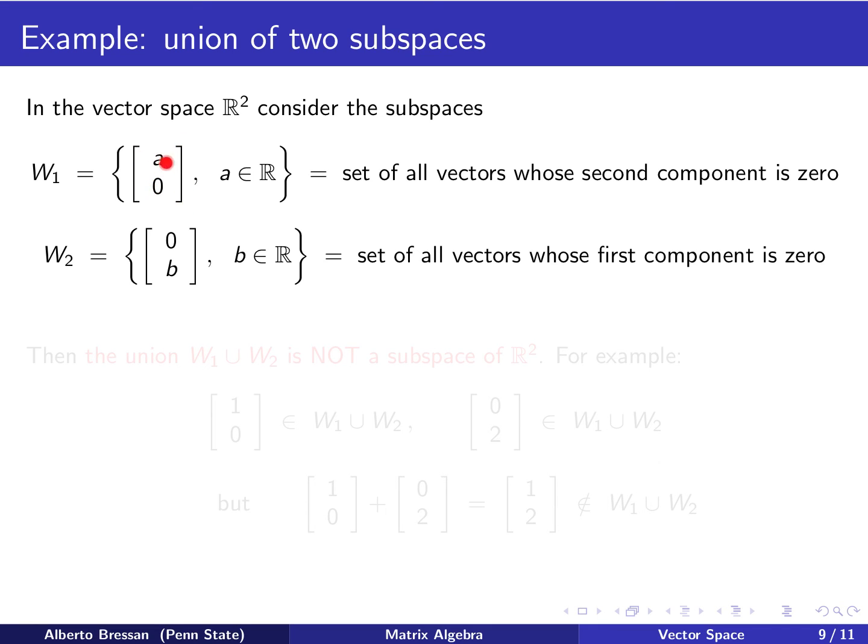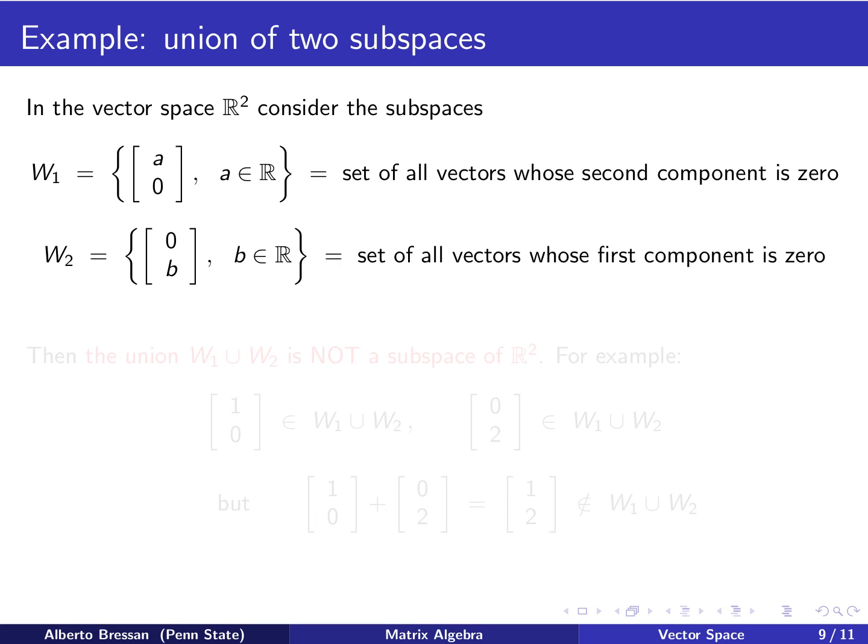The first element is just A, and this A can be any real number. So in other words, this will be the set of all vectors whose second component is 0. Try to get used to seeing a notation like this.